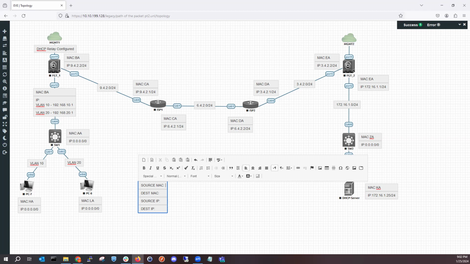Why? Because at that point the request is coming from the FortiGate on behalf of PC7.